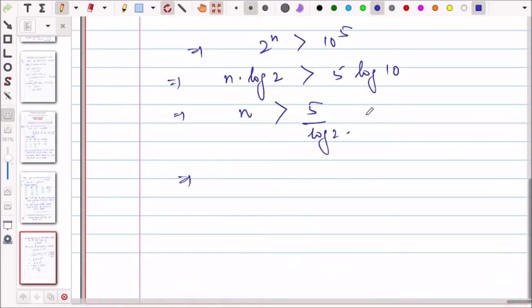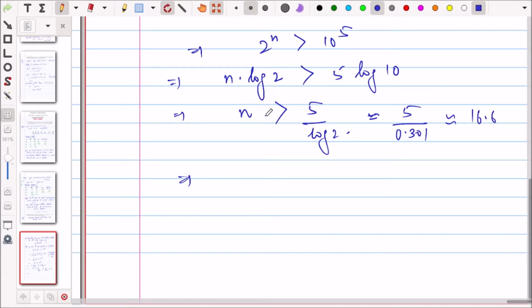Now 5 by log 2 is approximately 5 by 0.301, because the value of log 2 with base 10 is approximately 0.301. This will be approximately 16.6 something.